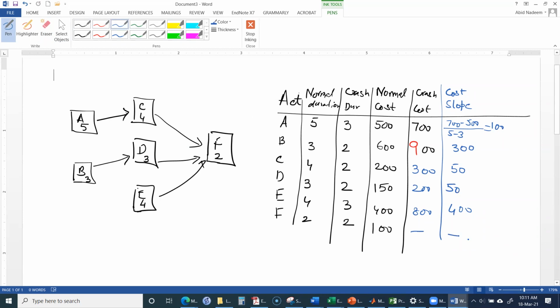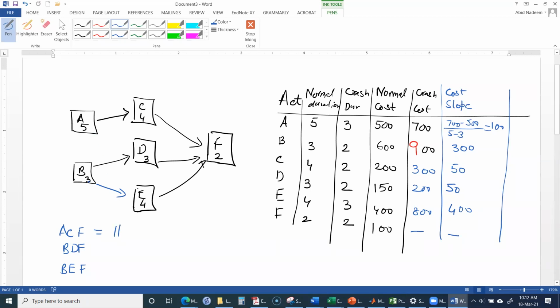And this one we don't need to calculate. So here in this case, there are 3 paths: A, C, F; A, B, D, F; and B, E, F. Path ACF is how long? 9 plus 2 is 11.